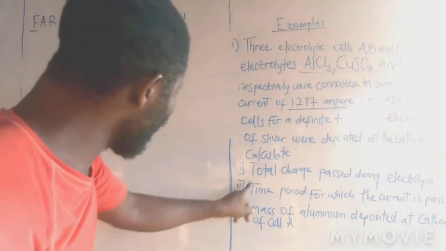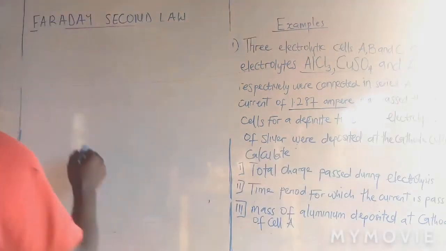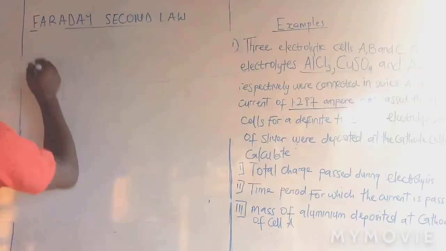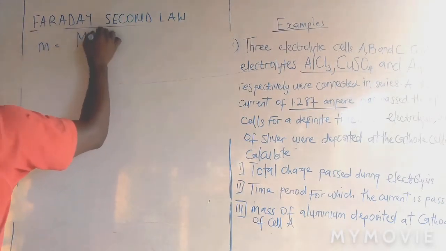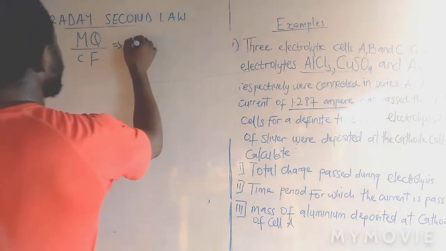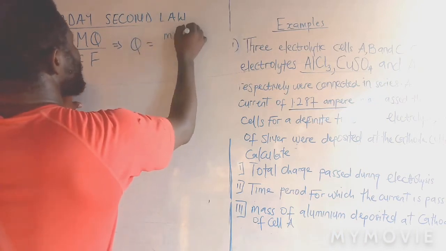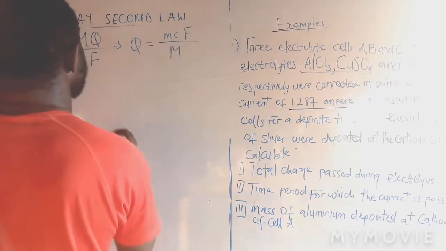In order to get total charge passed during electrolysis, from mass is equal to molar mass Q over CF. This implies Q is equal to mass C, capital letter F, over molar mass.